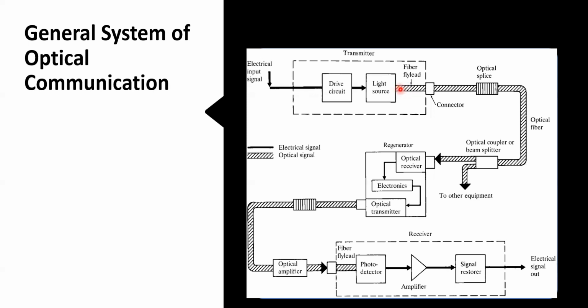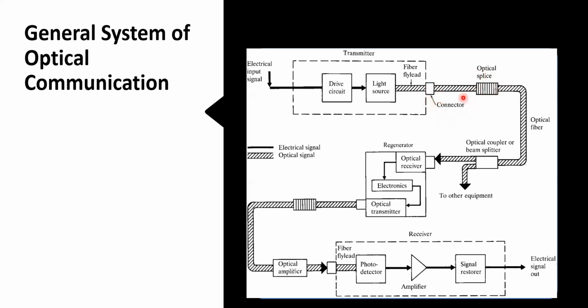So in order to launch the light into the fiber, a fiber pigtail is connected here, which connects the fiber to the source so that the maximum light is coupled into the fiber. Then you can see this light propagating through the fiber, and in between there are connectors and an optical splice.